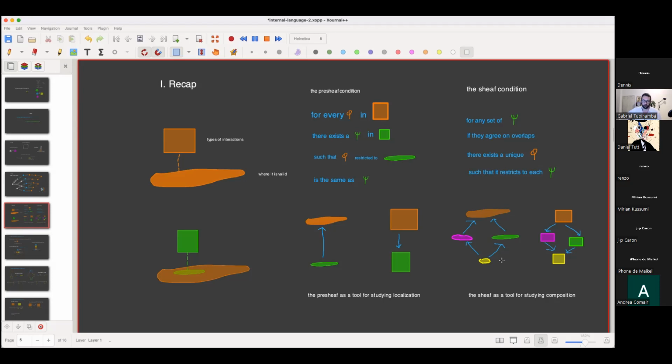Okay, and so this is why sheaves and pre-sheaves are interesting to me. I always bring them up because I think they apply not only to political actions, but also to things like capitalism, which I think is one of the core innovations of our group that we talk about a lot.